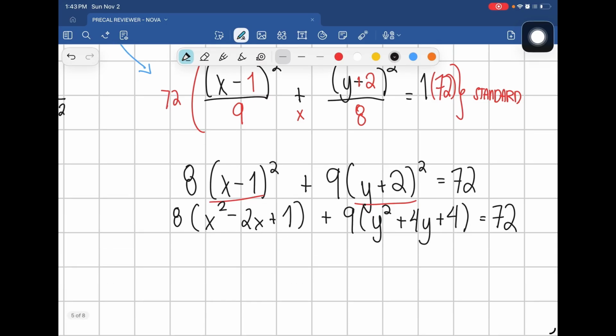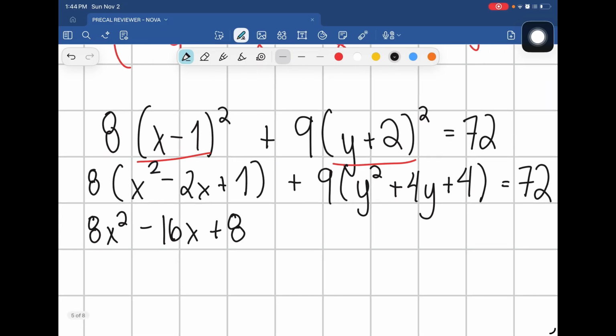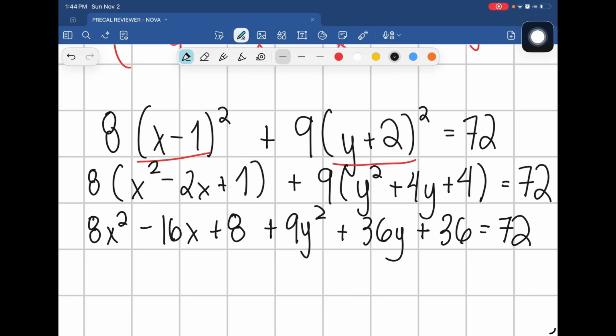After that, we want to distribute, because we are multiplying them. So it becomes 8x squared minus 16x plus 8 plus 9y squared plus 36y plus 36 equals 72.